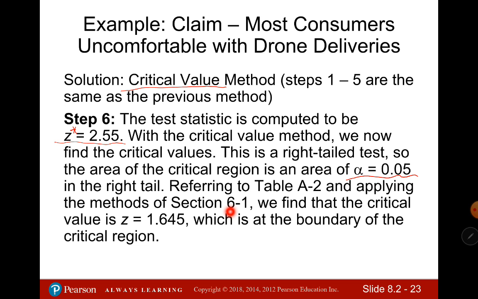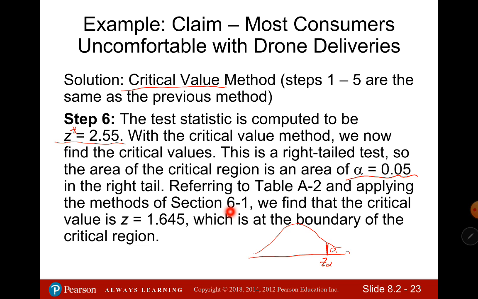Remember, this is a one-tailed test, a right-tailed test. So on the right tail, we're going to have the whole alpha for this critical value, z sub alpha. Because it's one tail, we do not divide the alpha by 2.